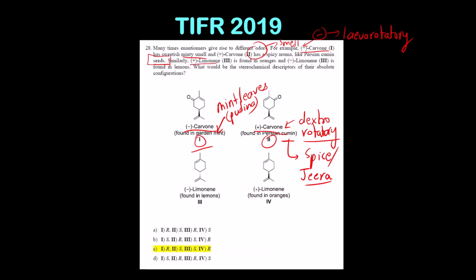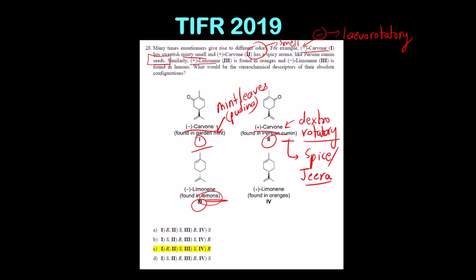Similarly, the dextrorotatory limonene, that is this one, is present in lemons, which gives it the fruity sour smell of lemons, or normally what we find in citrus fruits.